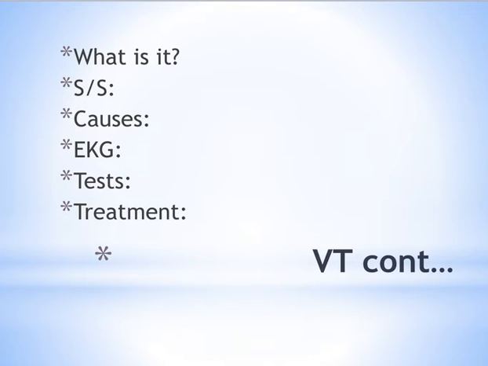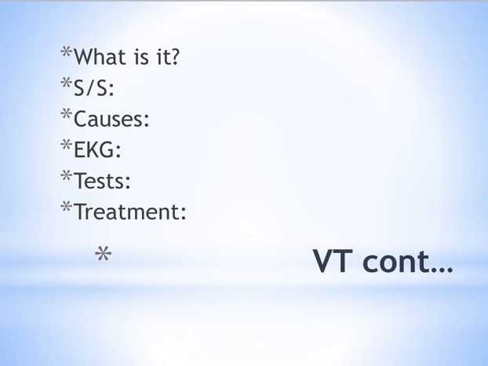What can cause VT? Heart attacks, cardiomyopathy, coronary artery disease, mitral valve prolapse, drugs, and many other things. What's going on with the EKG? It's unusual QRS. There's no P wave. It's going fast, and it can start and stop very suddenly.